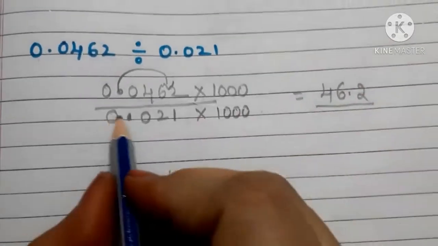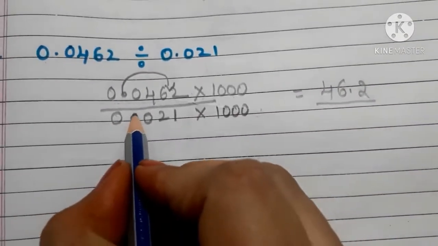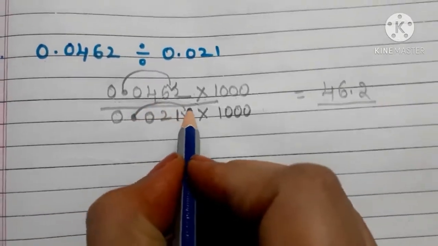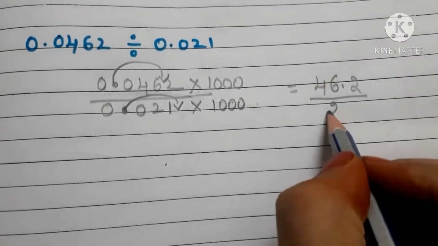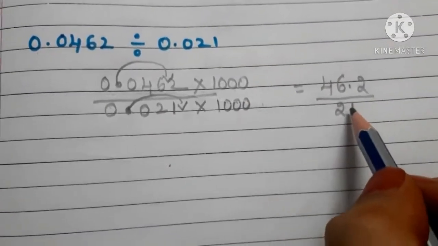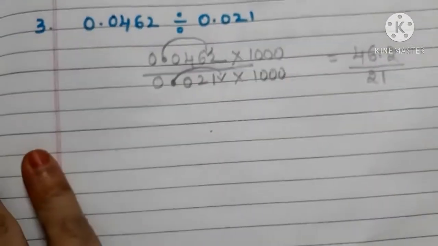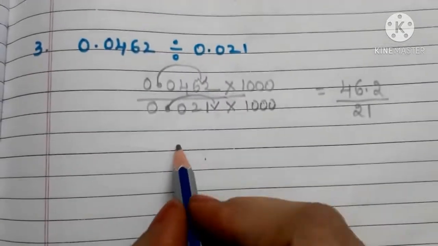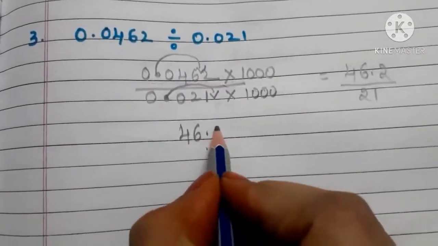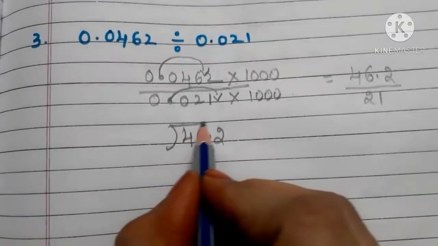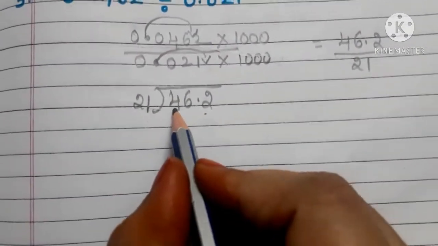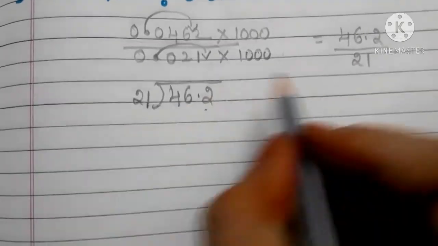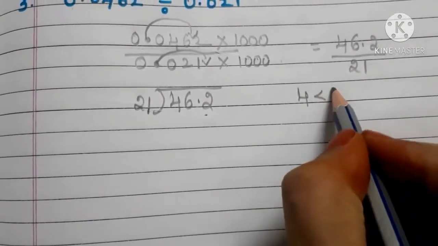By here also the decimal point moves 3 places to the right. So 0.021 becomes 21. Now the divisor is a whole number. Let us divide 46.2 with 21. Okay, here in the 46.2 we have first 4 and it is less than 21.